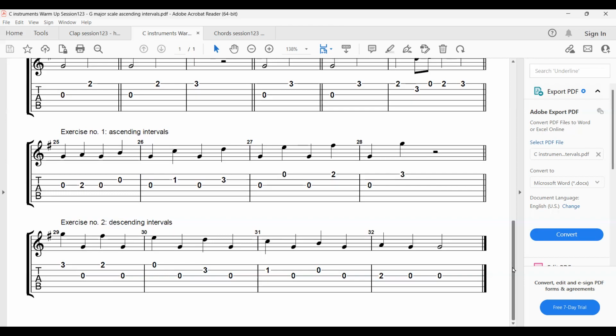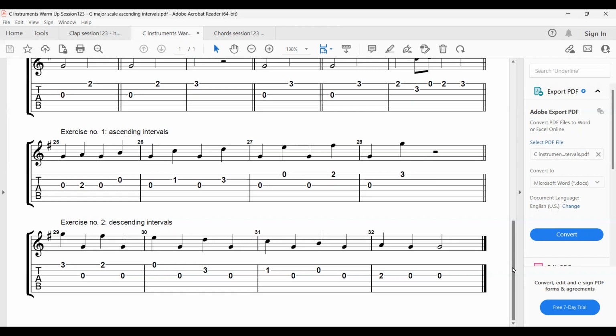1, 2, 1, 2, 3, 4. So that's just going in reverse really, octave, then the 7th, then the 6th, and the 5th in a descending fashion.